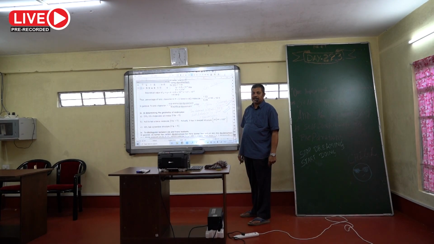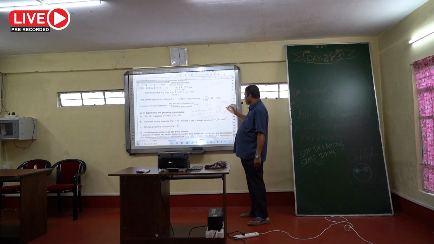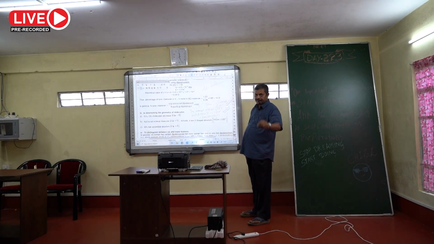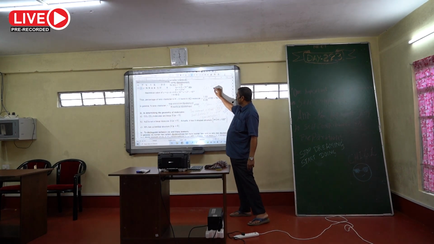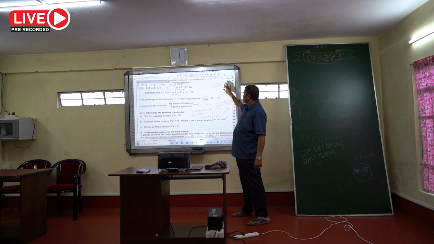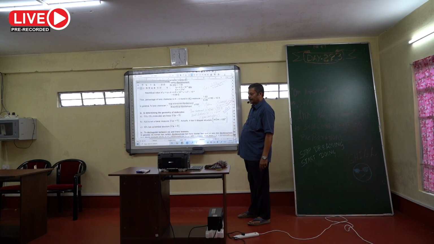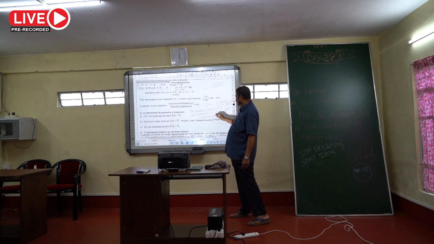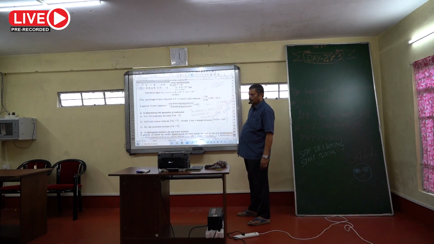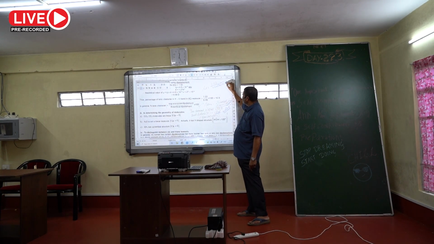To get 100% ionic character, the charge value should be 1 unit. 1 unit charge value is always 4.8 into 10 power minus 10 esu, into distance already given, 1.27 into 10 power minus 8 centimeters.